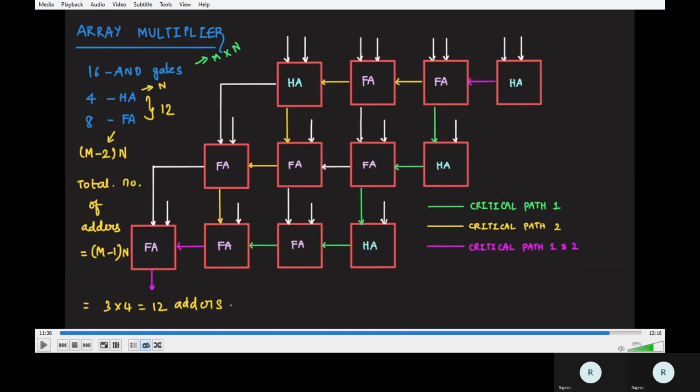So here we have studied the number of gates required as m cross n AND gates, n half adders, m minus 2 into capital N full adders, and m minus 1 into capital N adders. So this is related to your array multiplier.